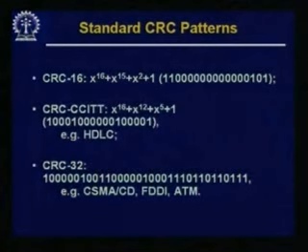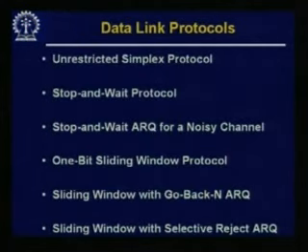Now, we come to the slightly higher level data link protocols, in the sense that we are still talking about errors and error control. We have been talking about parity and CRC, that is error control at a lower level, where a small amount of error we can possibly handle using such error detection or error correction schemes.